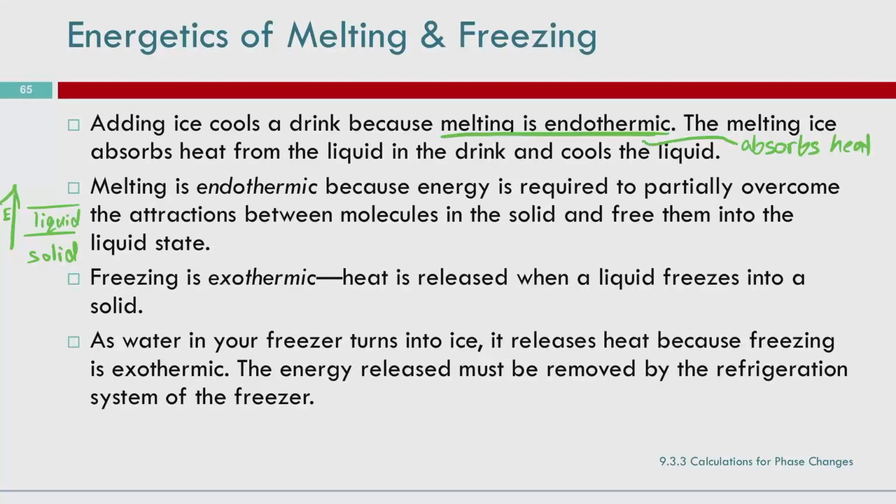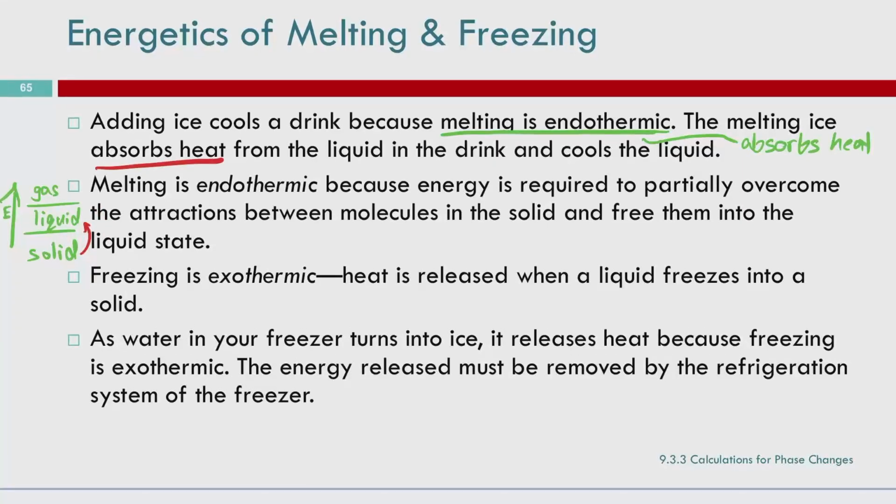If you add more energy into the liquid, assuming it doesn't decompose, it'll turn into the gas. Gas is our highest energy state. So in order for you to take something from a solid to a liquid, you have to add energy to it. It has to gain energy to move up on this little one-axis graph. And so that's why it's endothermic. It absorbs heat. It turns from the solid into a liquid.